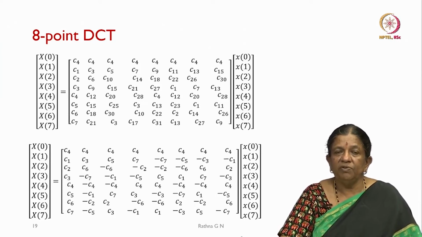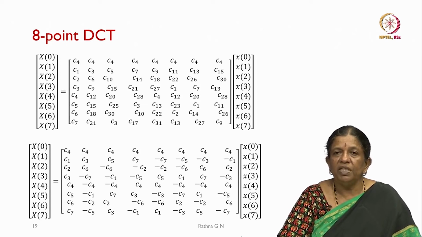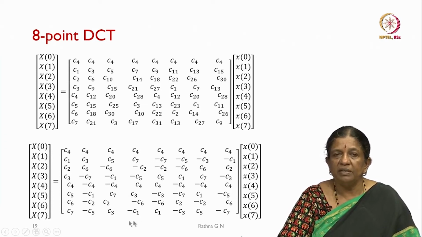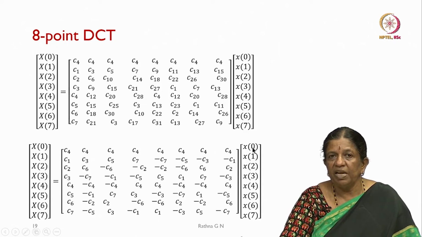We said in 4-point we need 3 coefficients, in 8-point we need only 7 coefficients, that is C1 to C7. So, we have to organize in that manner. When we do that you can see the simplified matrix given in this case, and you will be seeing that these are the outputs, multiplied with x0 to x7 in order.